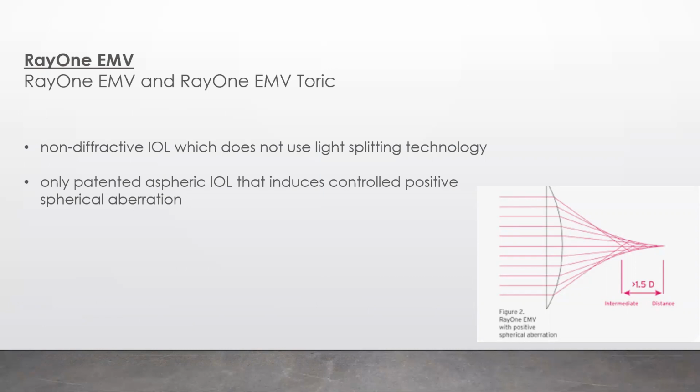Usually the other lenses are either using negative aberration or neutral. This one mentions that because of the positive spherical aberration, they are able to increase the depth of focus into the intermediate range, which complements the natural spherical aberration in the normal human cornea. So that is one thing that makes this stand out from the others.